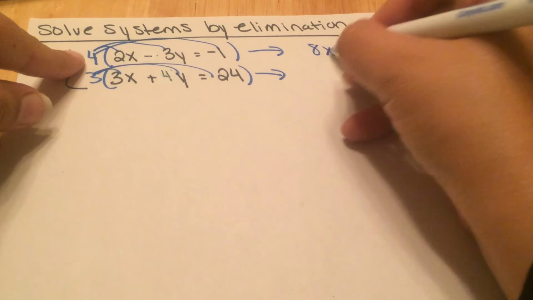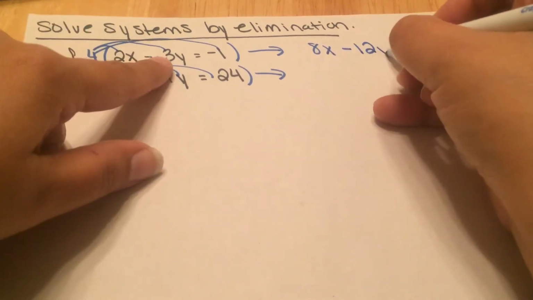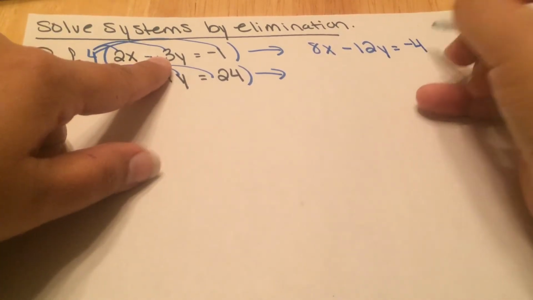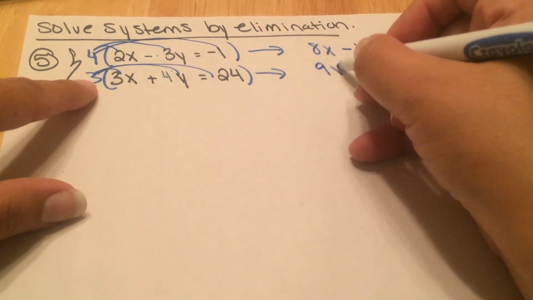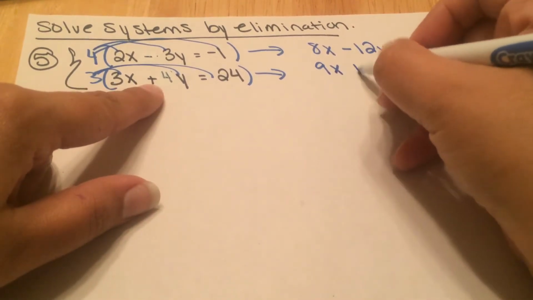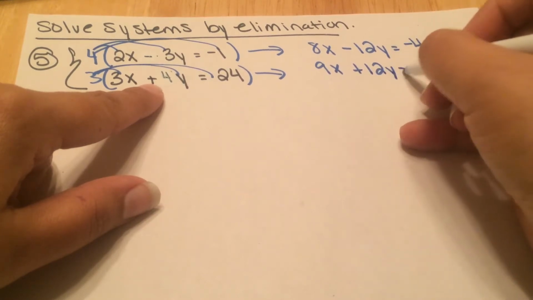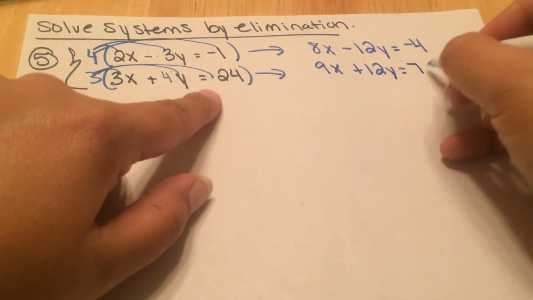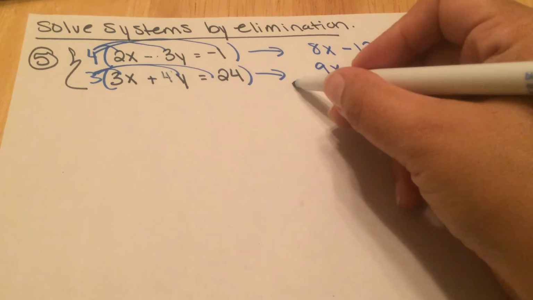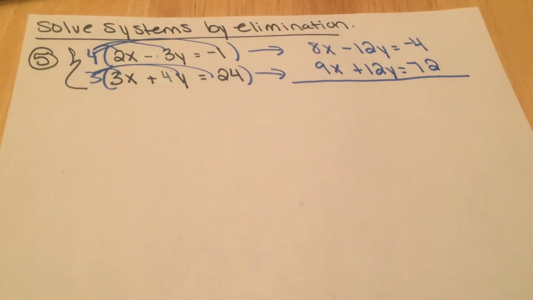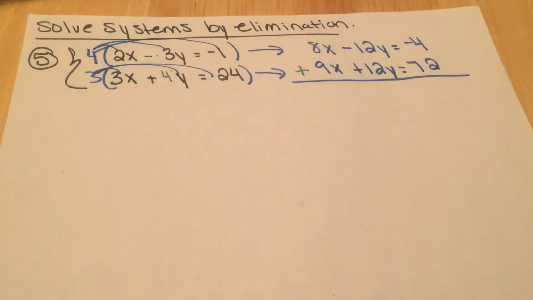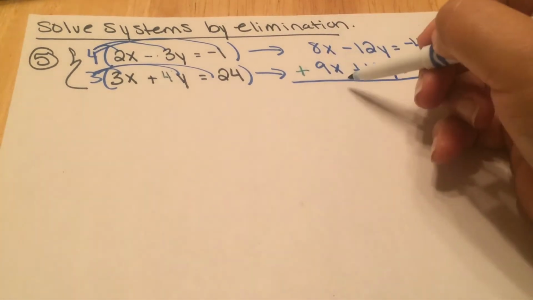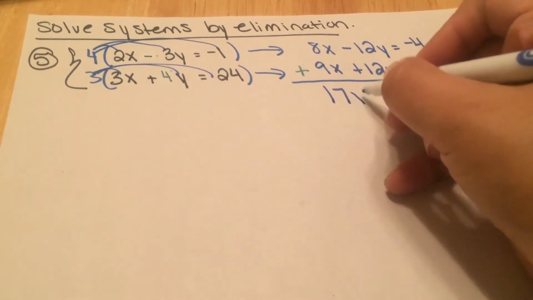So we have 8x minus 12y equal to negative 4. And here on our bottom equation, we have 9x plus 12y equals 72. So what I'm going to go ahead and do right now is add, like I have been doing with my systems, and 8x plus 9x is going to be 17x.